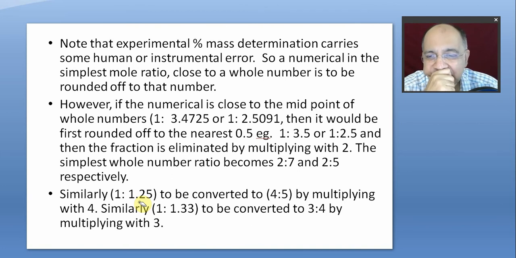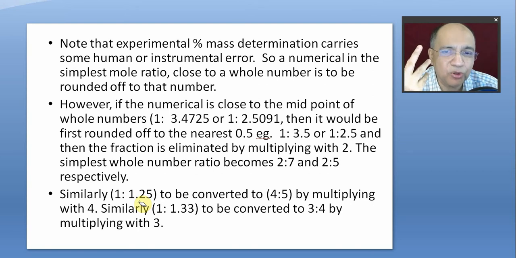So therefore, what I was wanting to tell you is, while you get the mole ratio very close to a whole number, you can round off to the nearest whole number. But it's not the case if it is 1 is to 1.25.